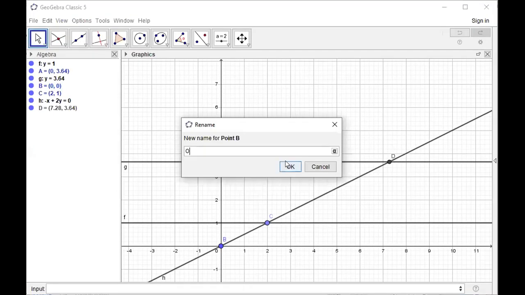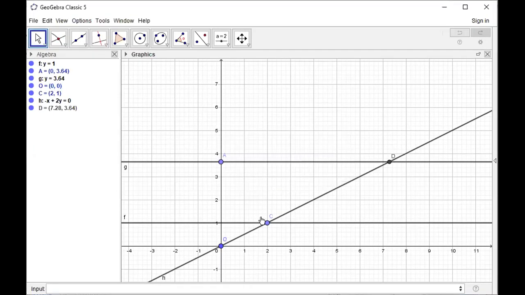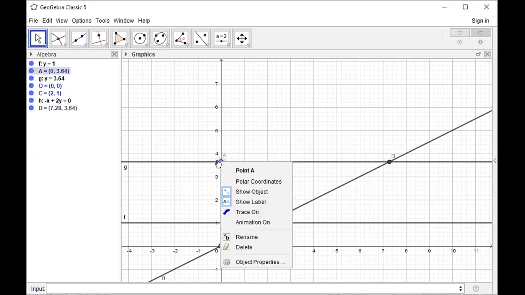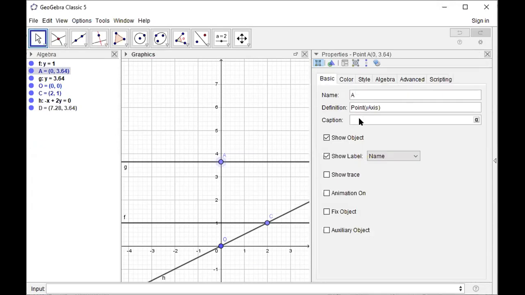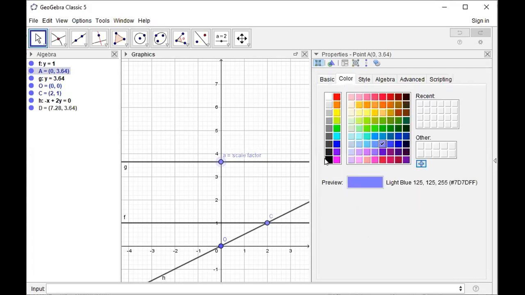O for origin, and this point D here, let me call that (0, A). A equal to scale factor.